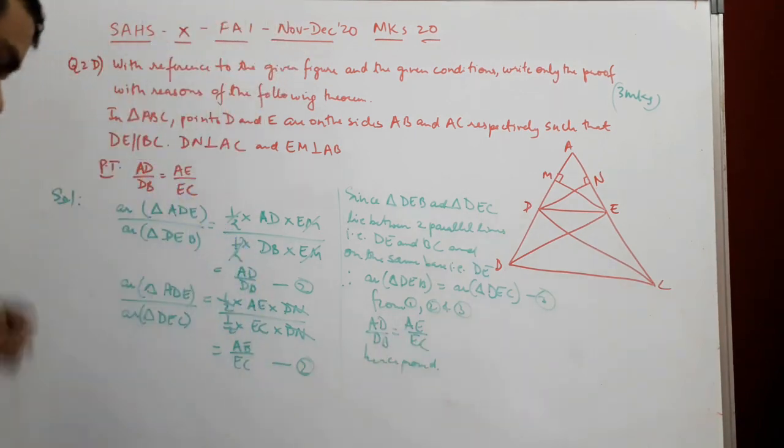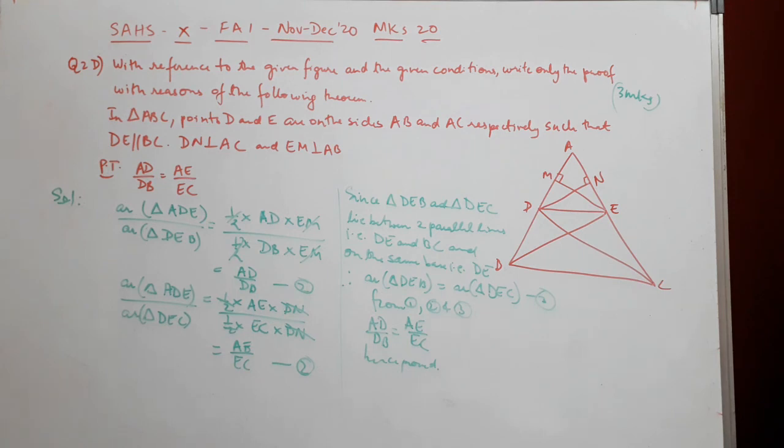This is our basic proportionality theorem. It is solved in one of our videos, which is exclusively on the basic proportionality theorem. If you wish to see in detail how we have solved this theorem and other theorems on triangles, please go through the triangle chapter for class 10.